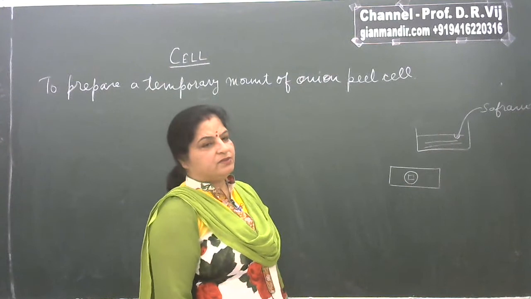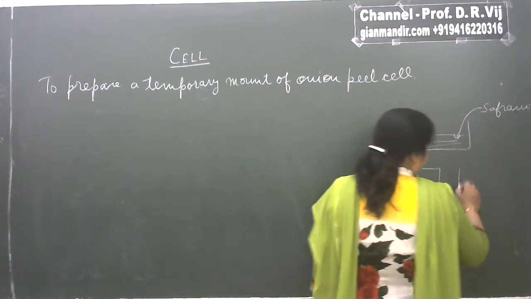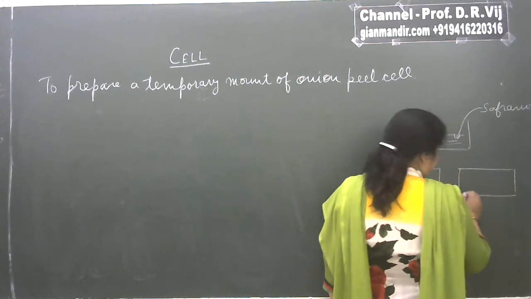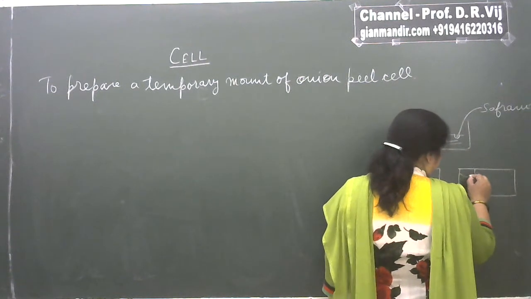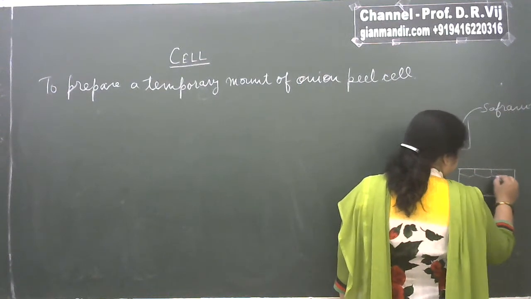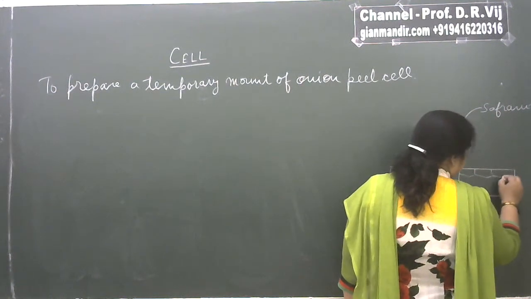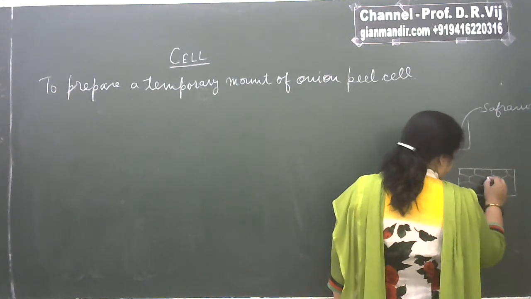And now you can observe the specimen under a microscope. When you observe the slide of your specimen under the microscope, you observe these kinds of cells having a honeycomb-like structure.